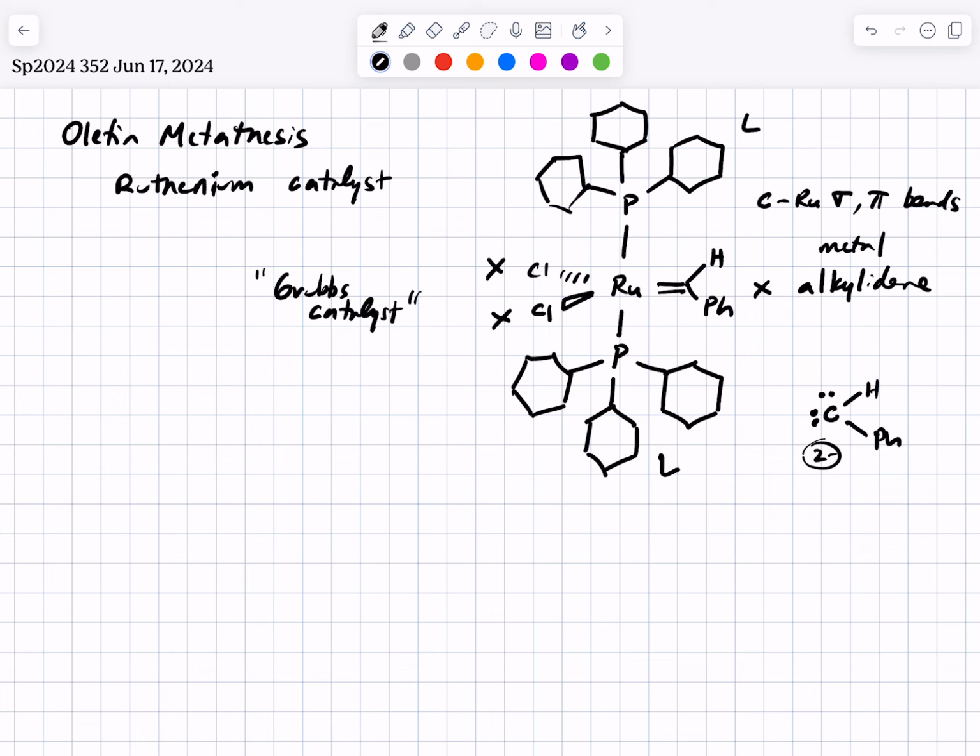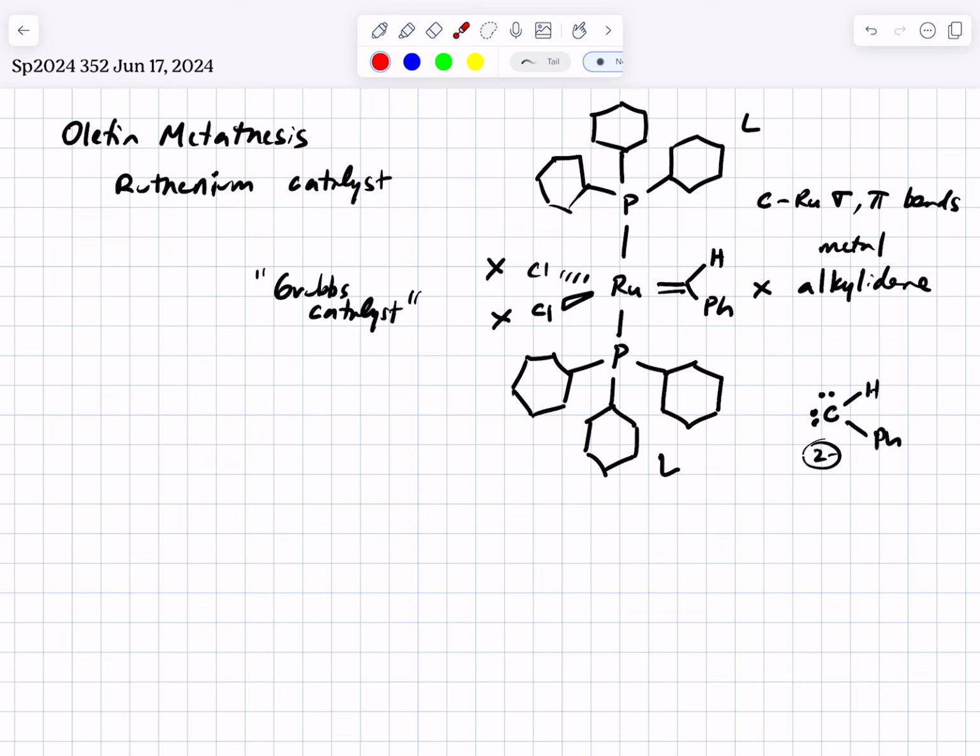The complex is neutral, so that would allow us to go through and figure out where we are with ruthenium. Though your text doesn't go through it, and I'm a little bit uncomfortable with the alkylidene ligand, and I'm not sure I've described it correctly. So I'm not going to ask you to assign d-electron count or oxidation state for the ruthenium ion, just because I'm afraid I'm going to get it wrong.